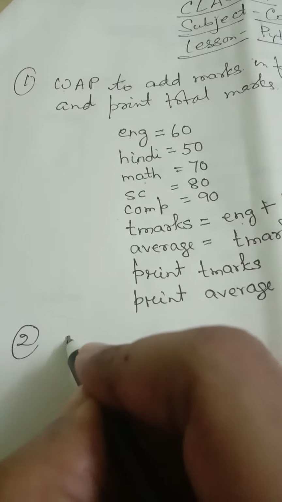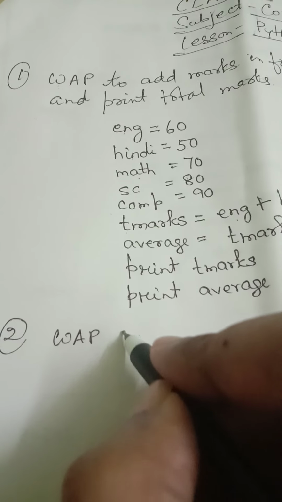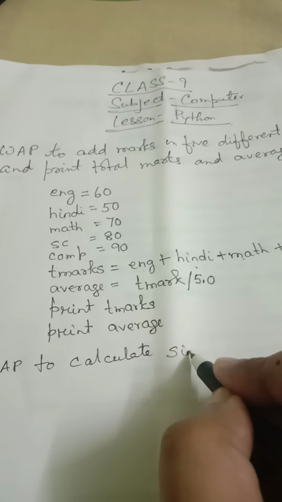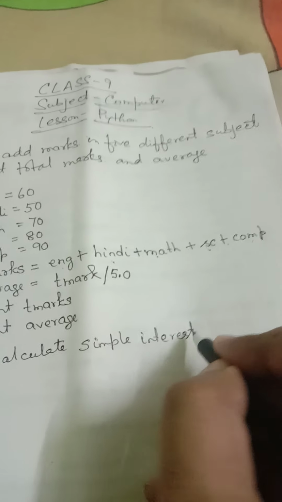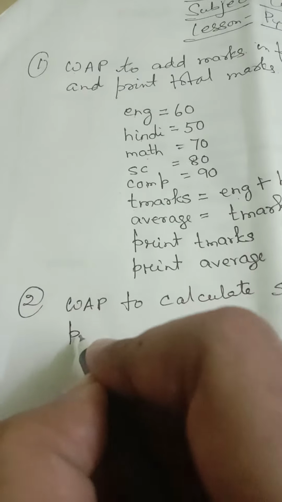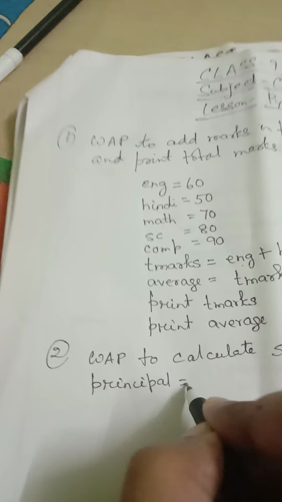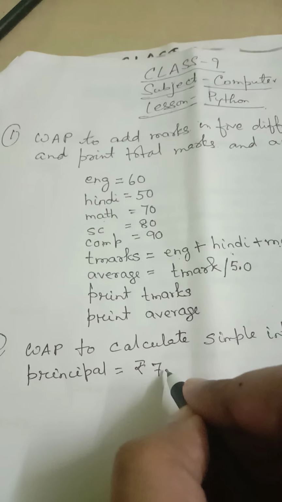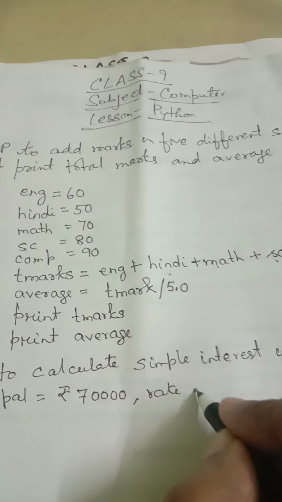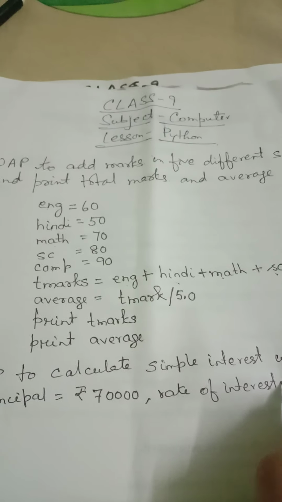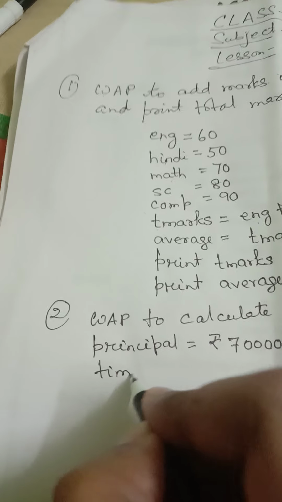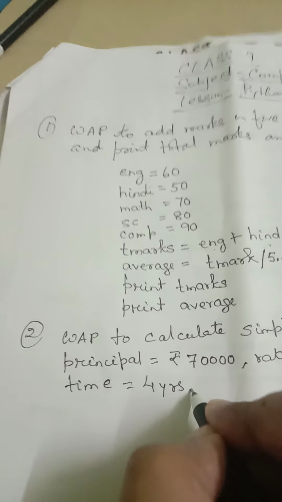I have been told to write a program to calculate simple interest when the principal is equal to rupees 70,000, rate of interest is equal to 8% and time is equal to 4 years.